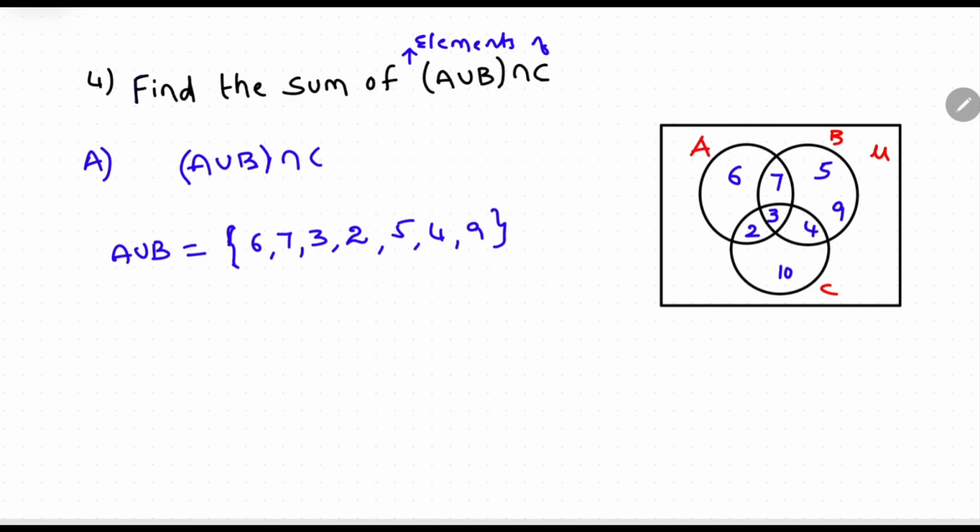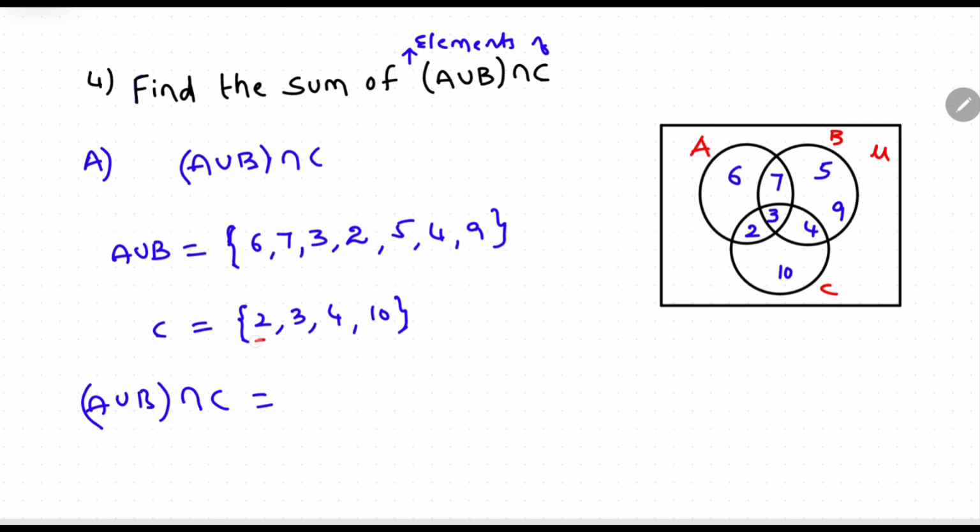Okay. So what is the C there? C will be 2, 3, 4, 10. So A union B intersection C. So common elements of A union B with C. Okay, therefore, anything common there?